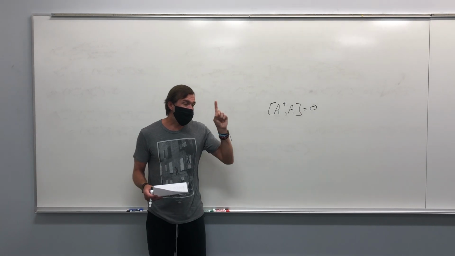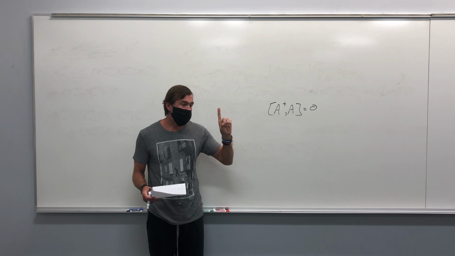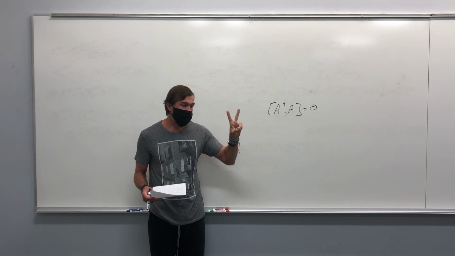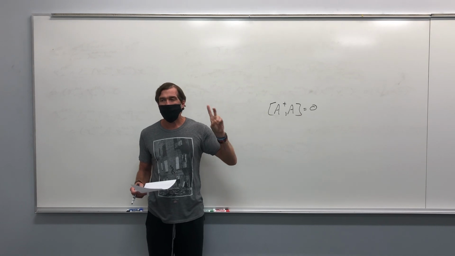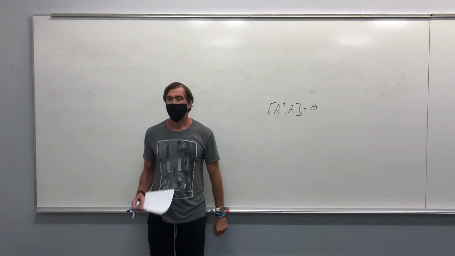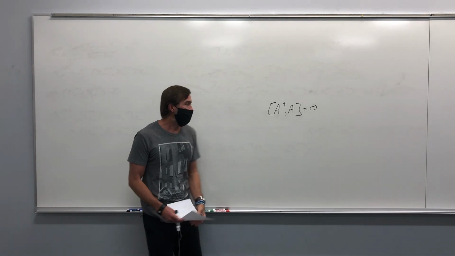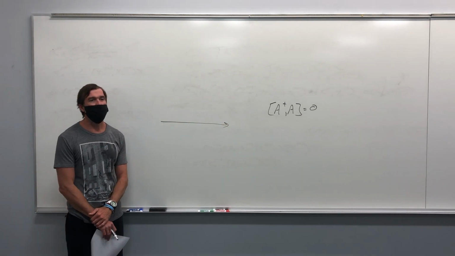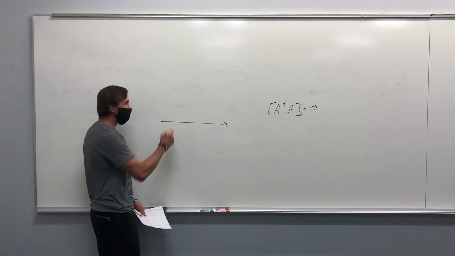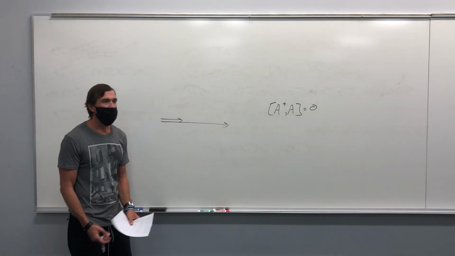When we have a single distinct eigenvalue and its associated eigenvector, I'm trying to find the basis in a one-dimensional space. Here's the space. What's the basis? It's got to be a line like that.